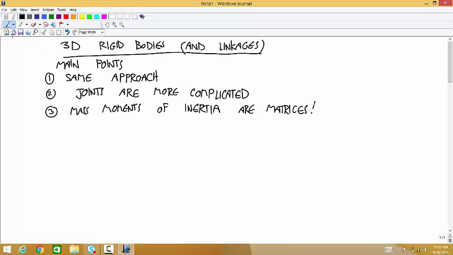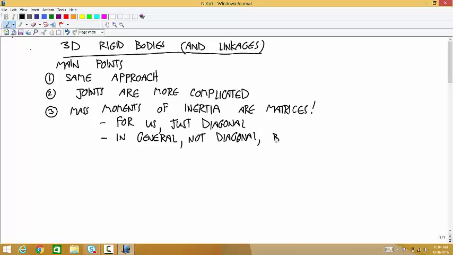The ones we're going to use are just diagonal matrices, so they only have diagonal elements. In general, they're not diagonal, but you can always start with the diagonal matrix and use rotation matrices to come up with the general version.